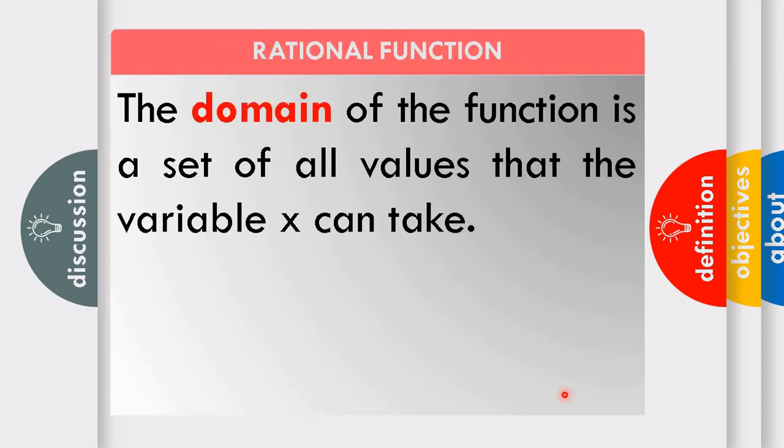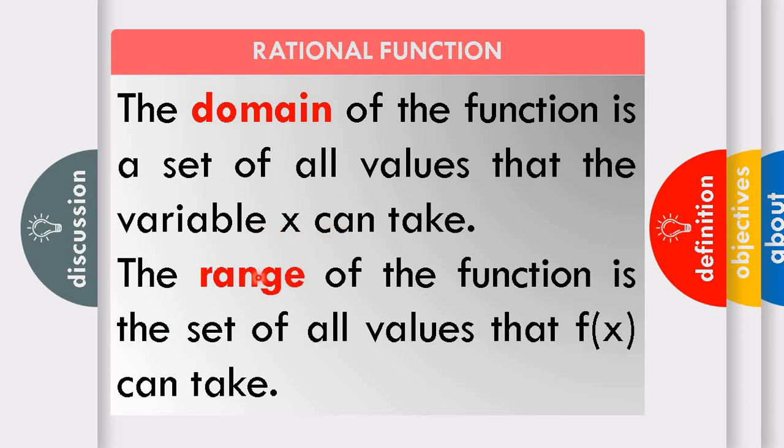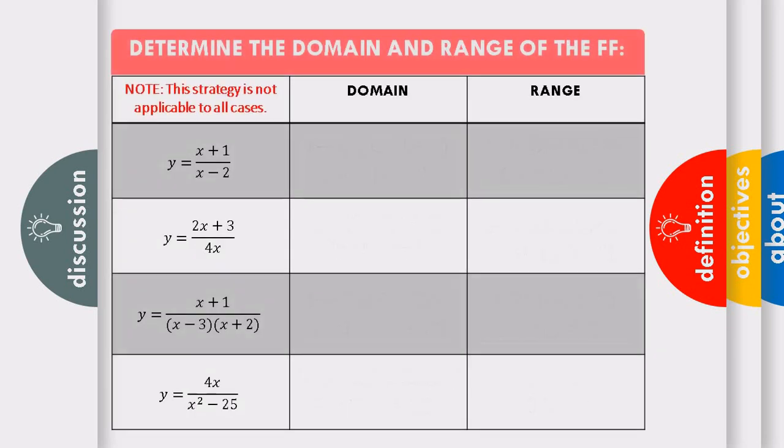So after getting the intercepts and asymptotes, next we will find the domain. The domain of the function is the set of all values that the variable x can take. And next one, the range of the function is the set of all values that f of x can take. Okay?